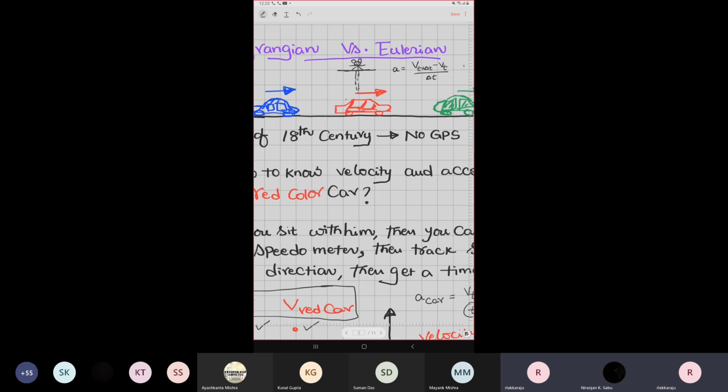This is the problem that fluid mechanics people face, or the complex systems people who handle billions, zillions of particles, face precisely this problem. You measure velocity, and at the next instant of time there is no guarantee the same fluid particle will be there. Maybe some blue color particle might be coming, next instant a green color particle might be coming.